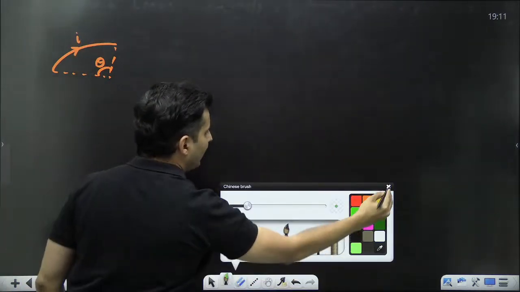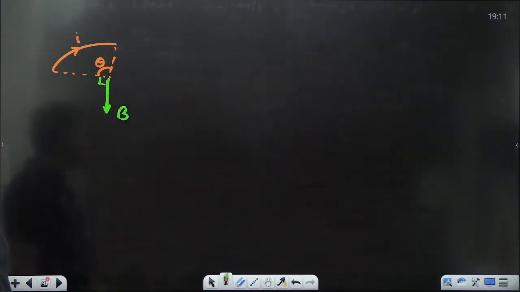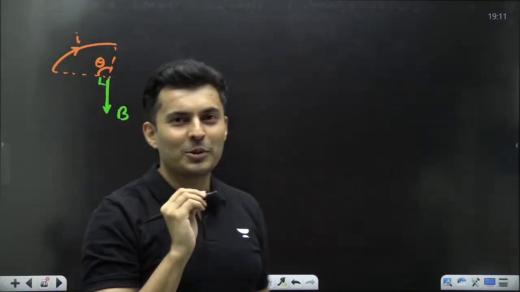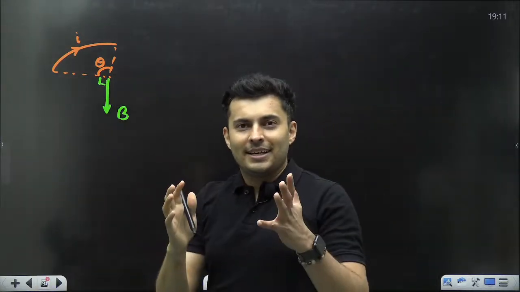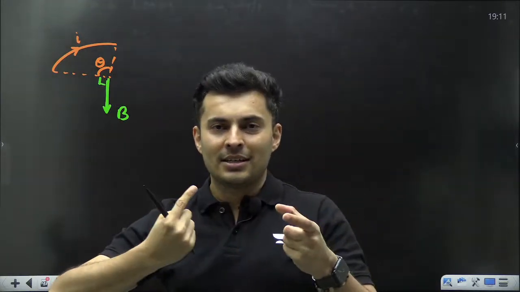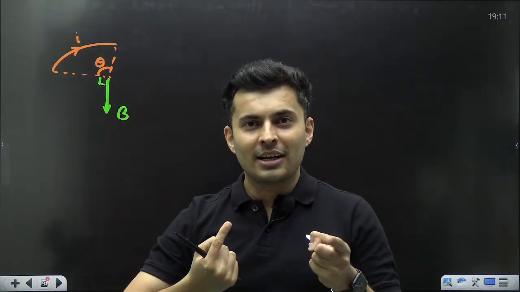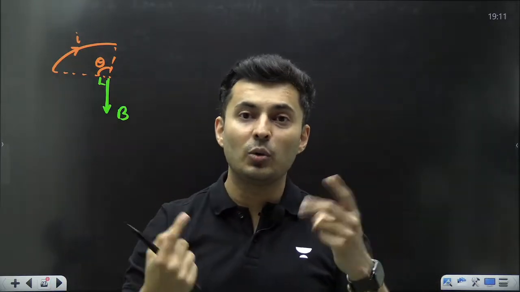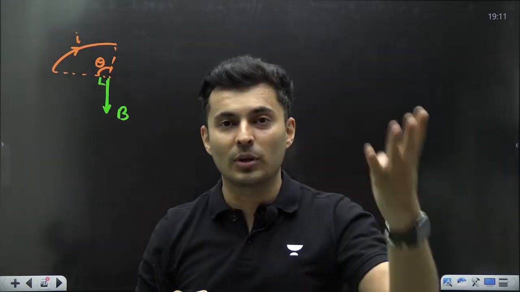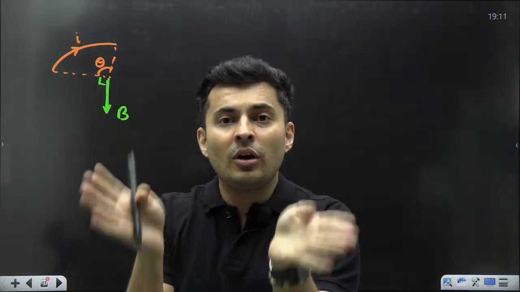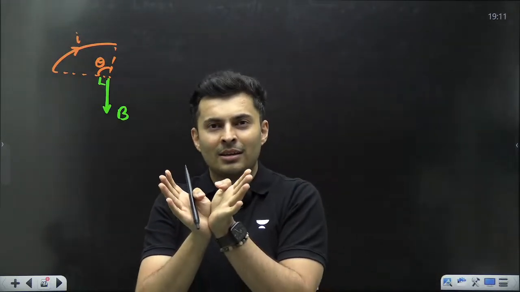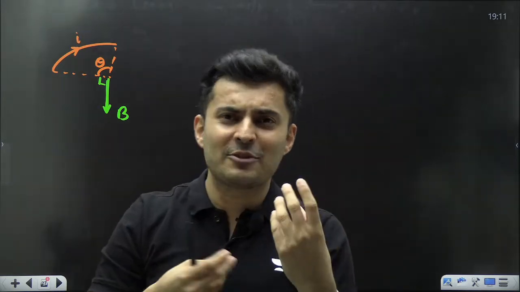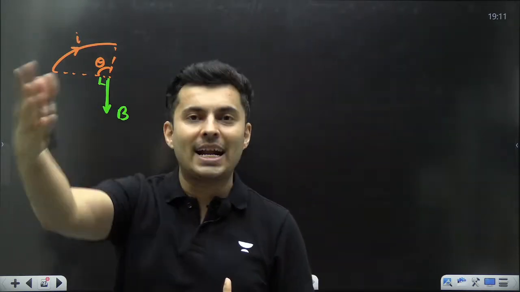How much will be the magnetic field because of that? How do I do that question? Well, if it's one complete turn, it's mu naught I by 2R. If it's 2 turns, it is mu naught I by 2R into 2, 3 turns into 3, 4 turns into 4. So if it is not a complete turn, maybe it is half a turn, maybe 1/4 of a turn, it will be a fraction, right?